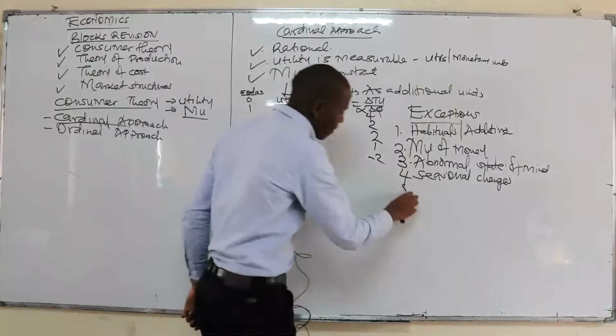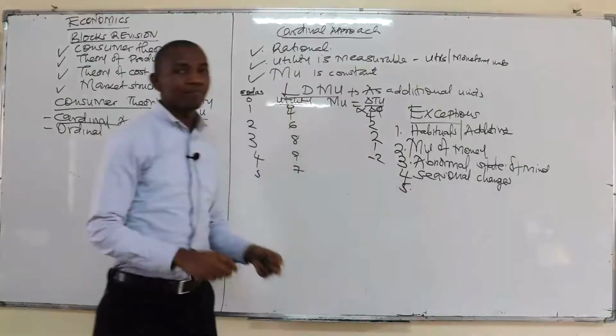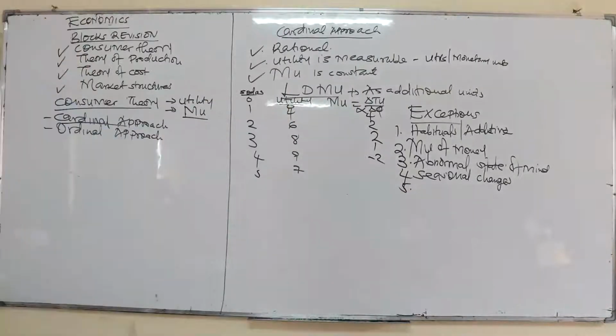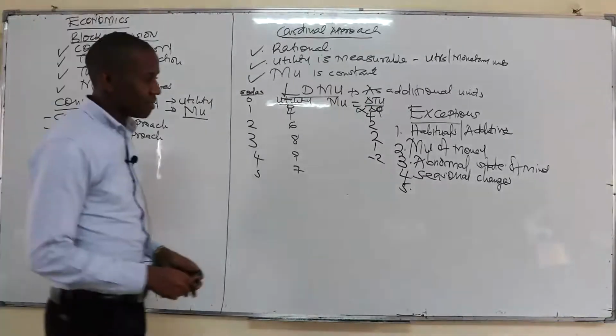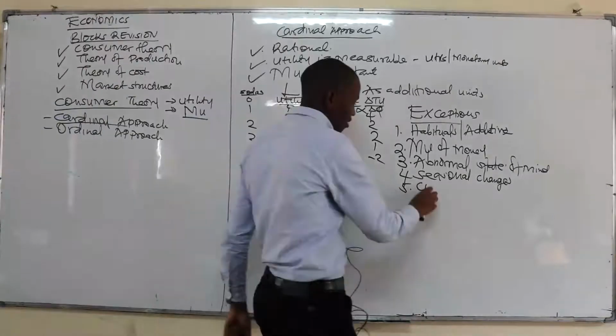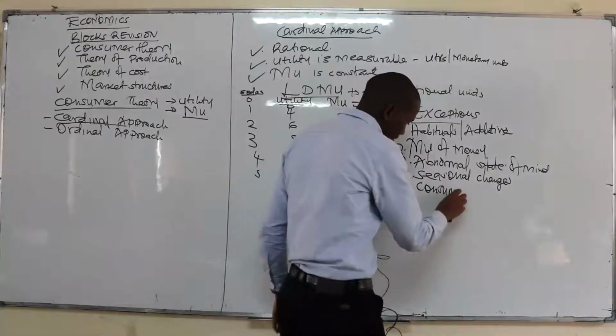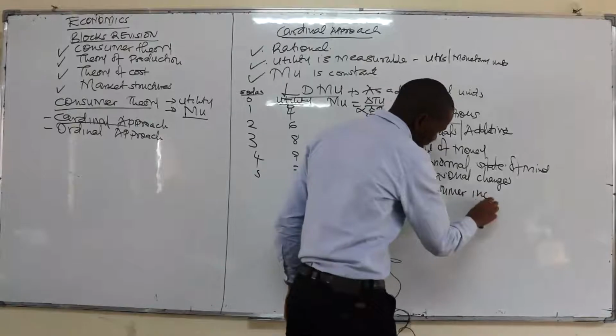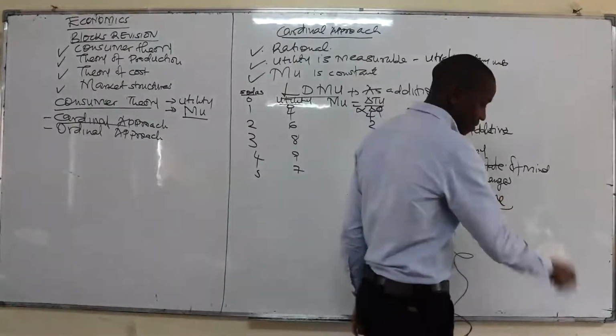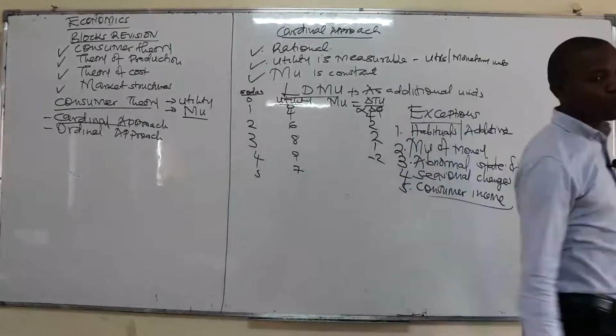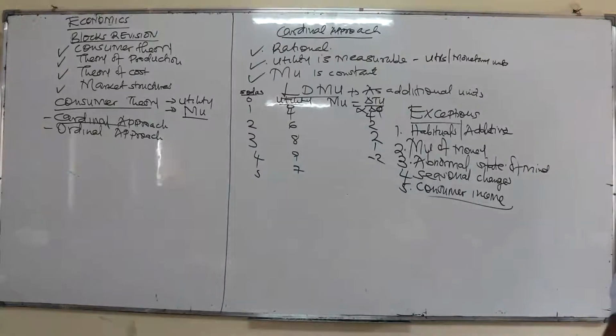The other one is consumer what? Yes. We also have what? I can also talk about the what? Your income. See, consumer's income. And how will you want to know the consumer's income in this case?